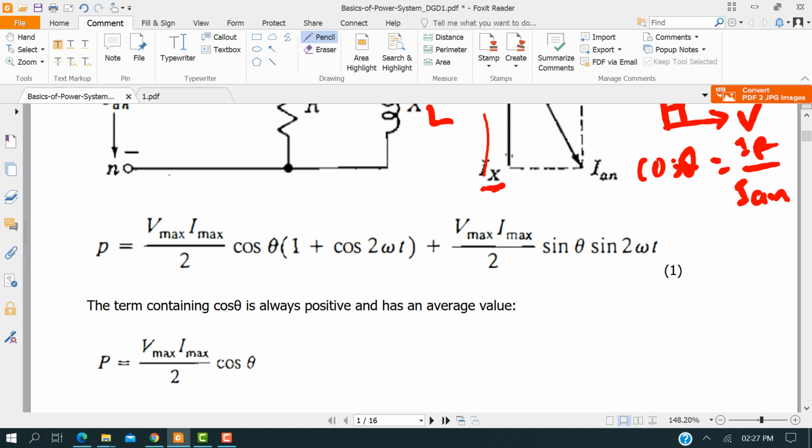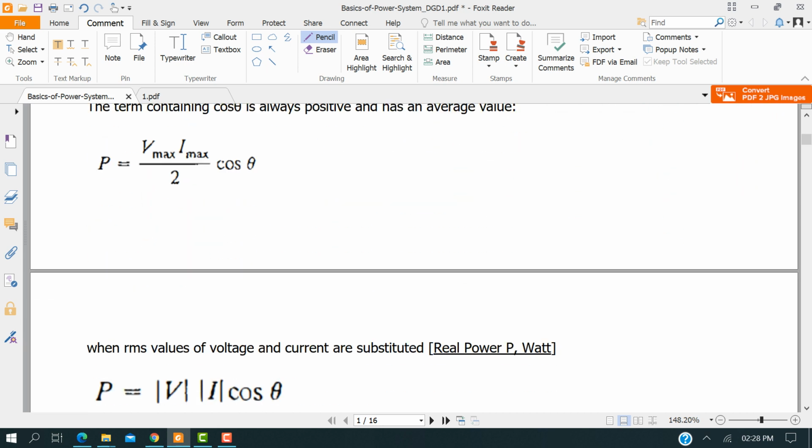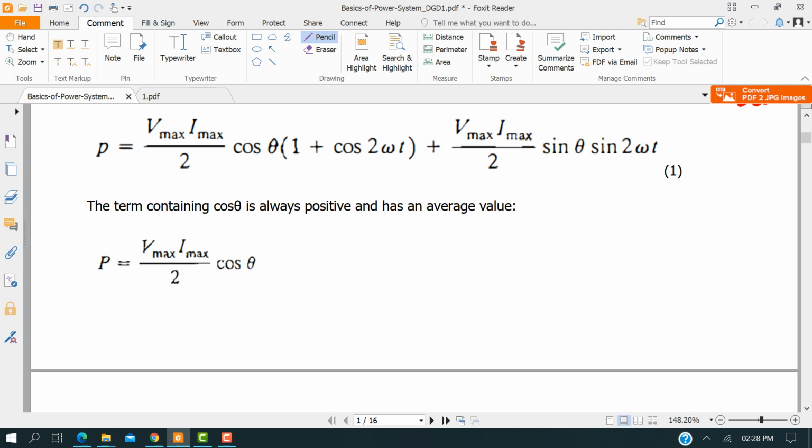Now you see that from equation 1, the cos theta term, whatever the value of theta, is always positive. Cos theta is always positive regardless of the sign. If theta is negative or positive, it always remains positive. So this is the peak value, then the average value can be expressed as this, and if we consider the RMS value, we know I RMS equals Im over root 2, and similarly Vmax can be written.